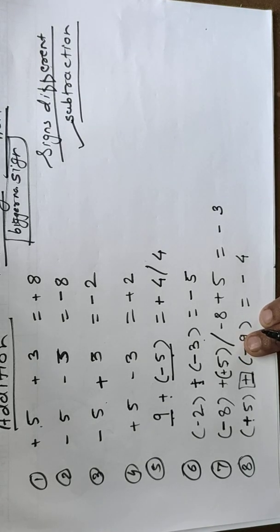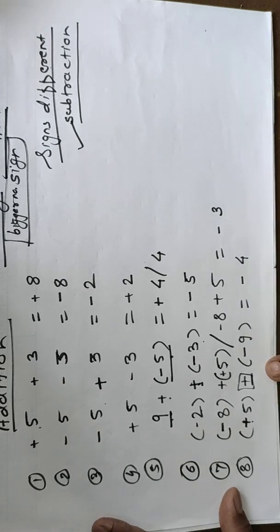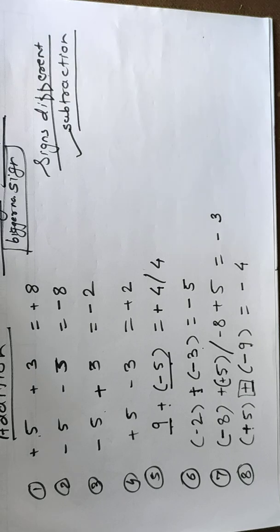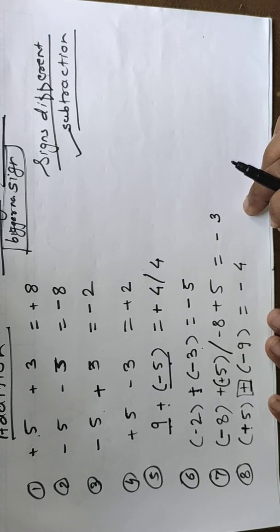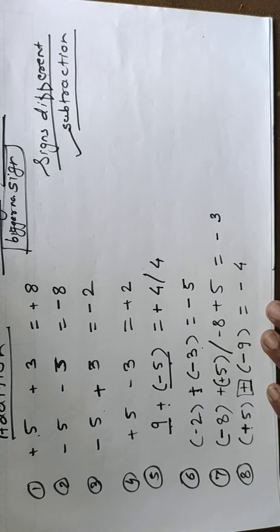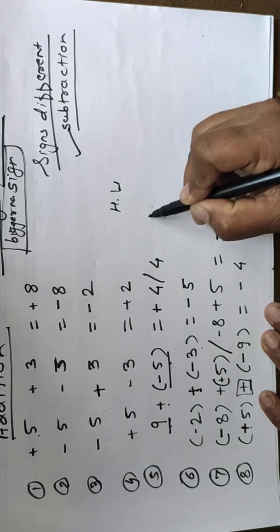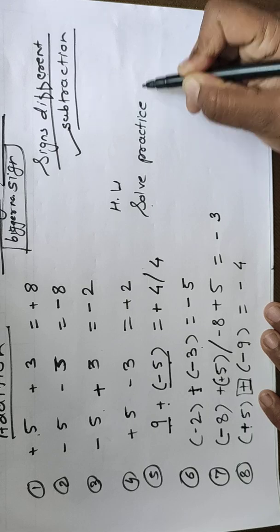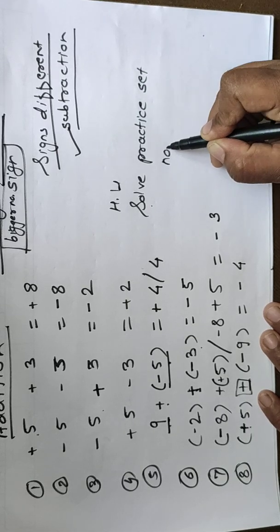So today all of you do the practice. Write these examples also. And with this you have to solve addition practice set number 5. Homework is to solve practice set number 5.